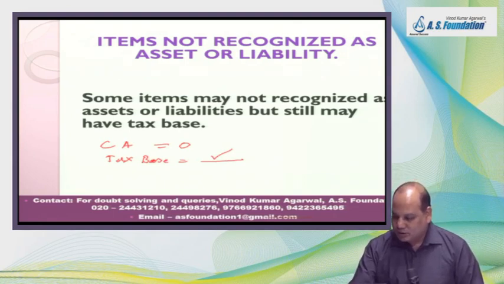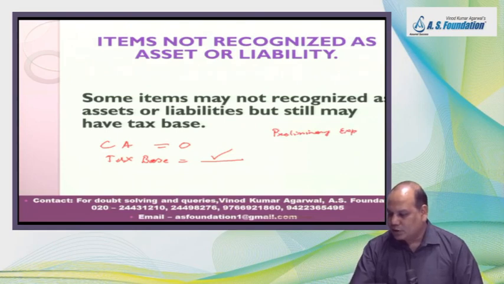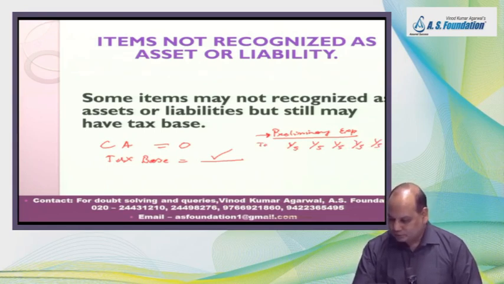Example, in India, under the Income Tax Act, preliminary expenditure incurred to form a company in the beginning is allowed as one fifth over 5 years for tax purpose.